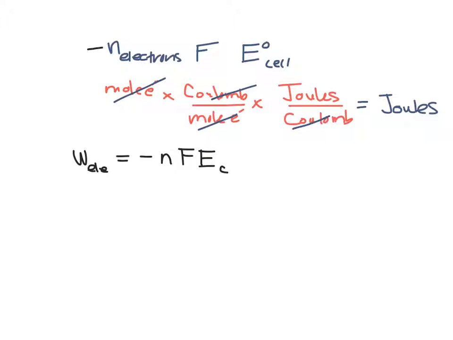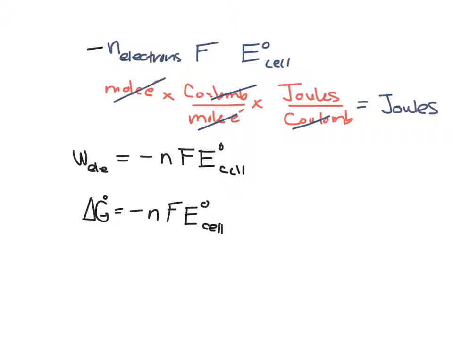Now, if you remember from your thermodynamics chapter, we defined work as equal to our Gibbs free energy. That helped us define whether something was spontaneous, which you can think of as spontaneously available to do work. So now we have this new equation where we relate an electrochemical cell's ability to do work. You can see in this equation that there's a lot of useful information about predicting spontaneity.